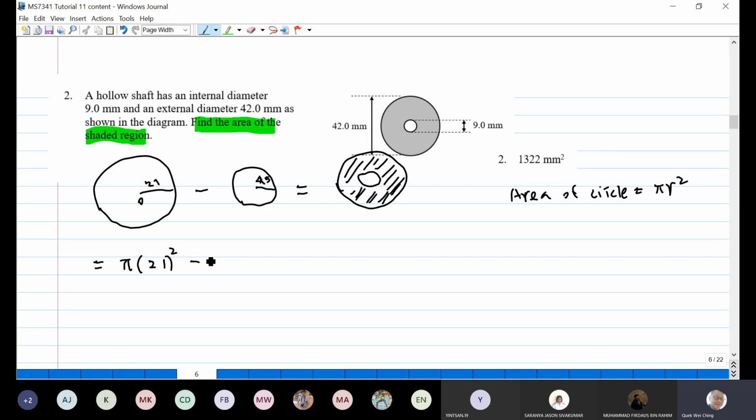minus the other one, where the radius is 4.5 now, so pi times 4.5 squared. So you press the calculator: 21 squared minus 4.5 squared, then times pi.